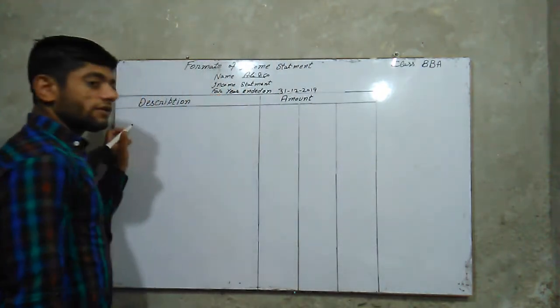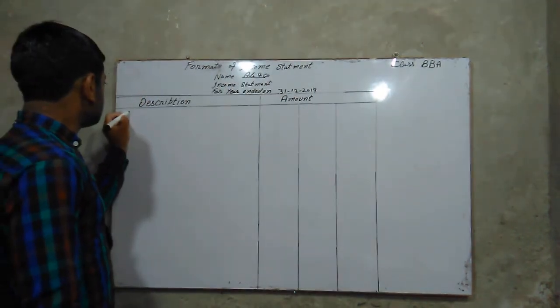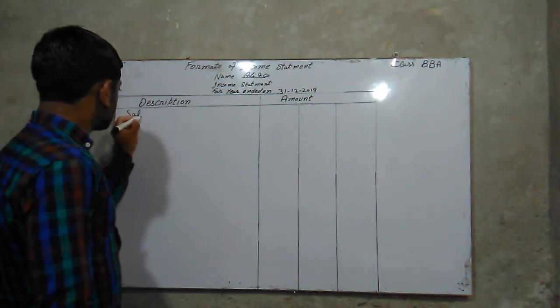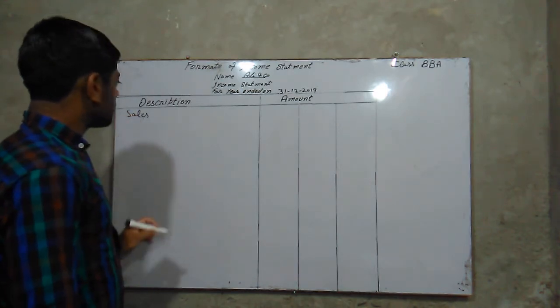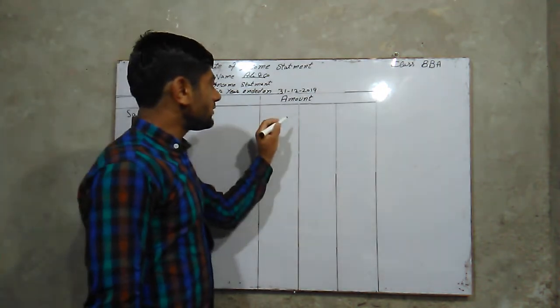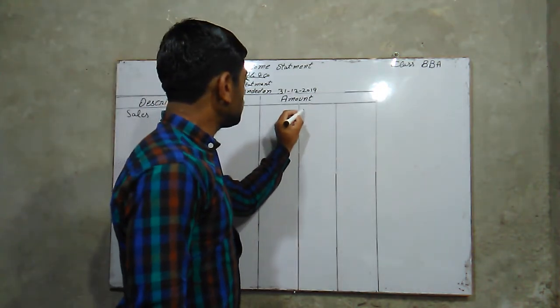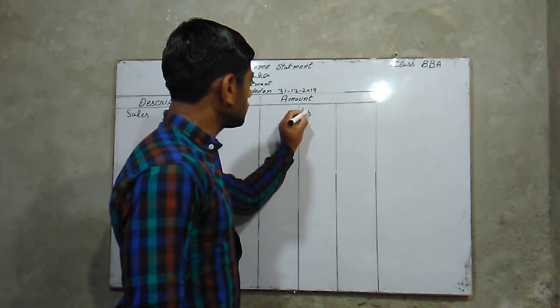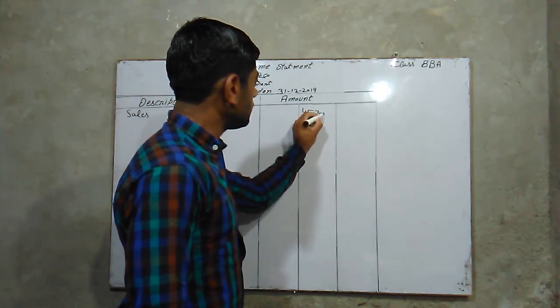So first, sales. We assume some figures and discuss the format with assumed figures. So sales is 4,57,000.